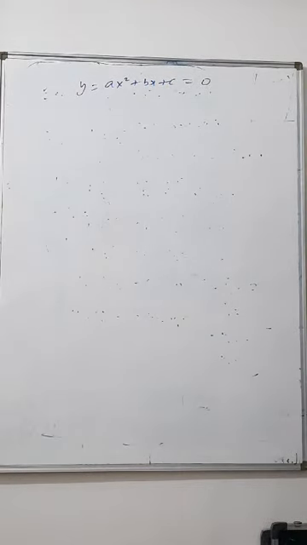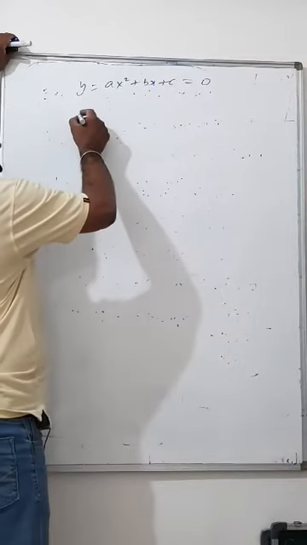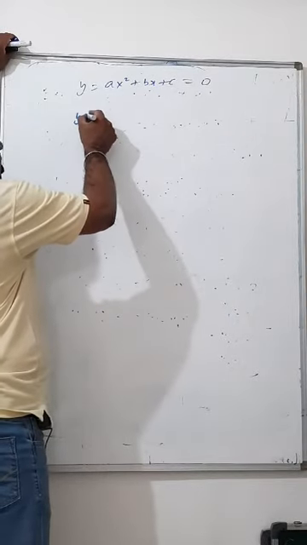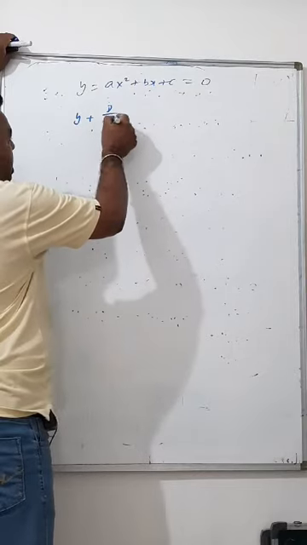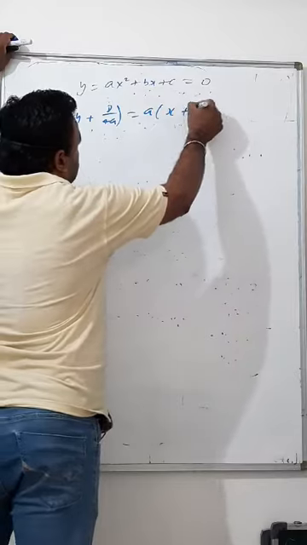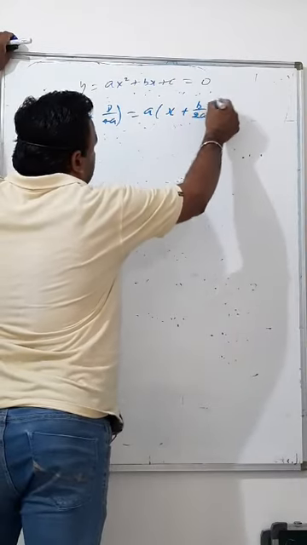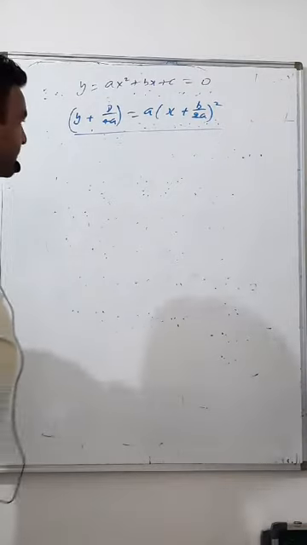Now there are lots of things to be analyzed here. I can write this equation, y plus d by 4a equals a times x plus b by 2a whole square, this way.